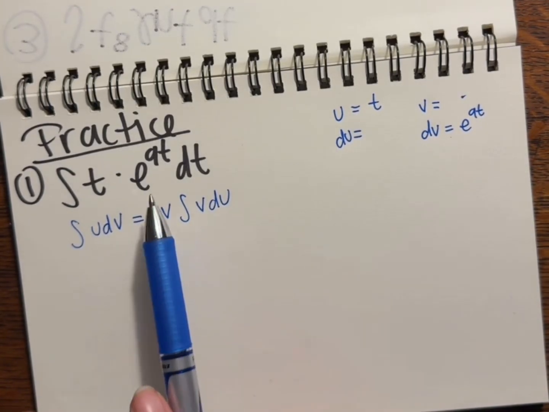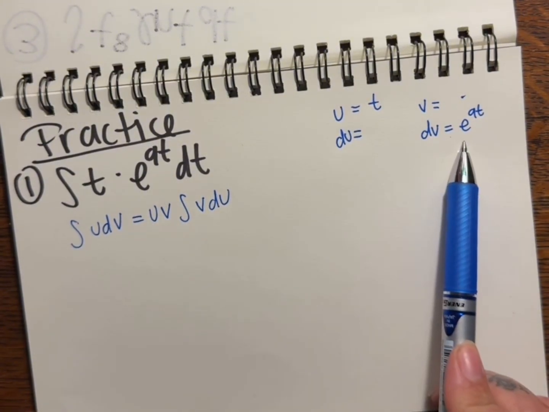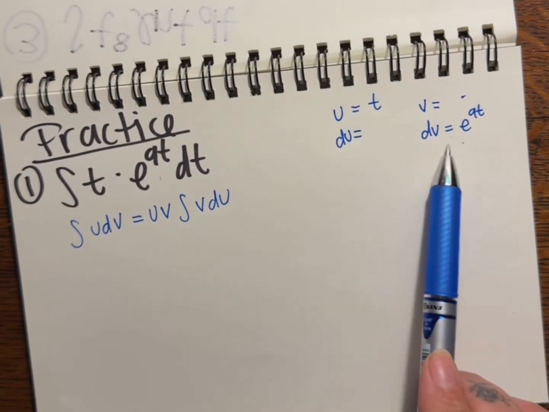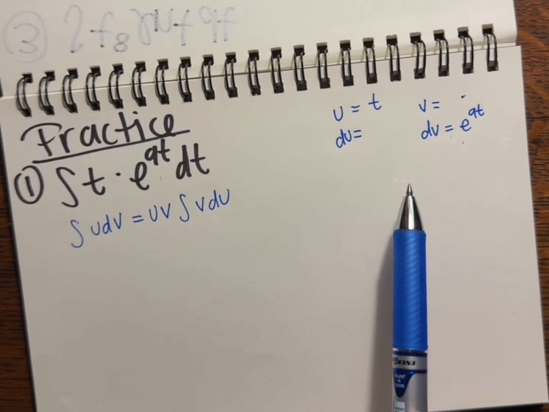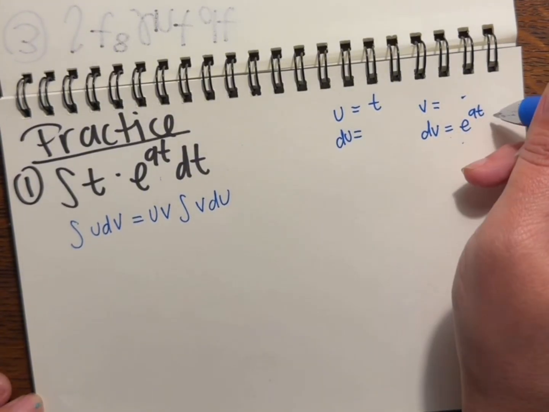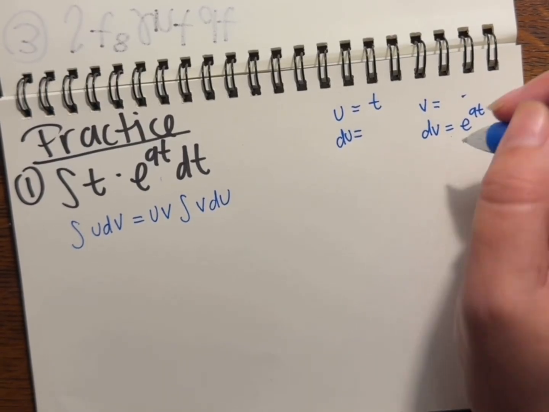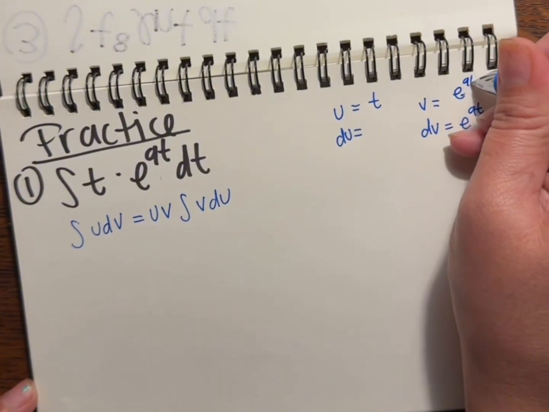Whereas if I set u to e to the 9t, it's not going to make much of a difference, because I'm still going to end up getting a similar kind of number, because the derivative of e to the 9t is really just itself.